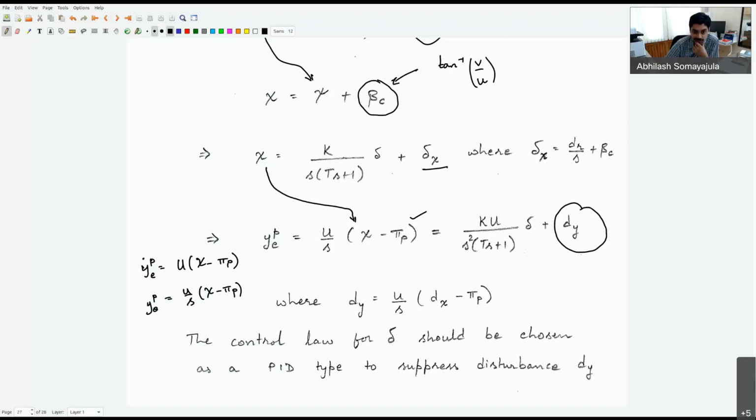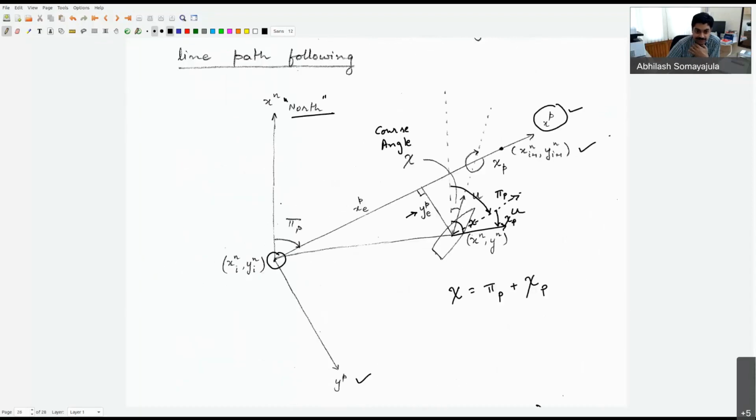Now I need a controller which can drive my ype to 0. If I drive this thing to 0, it means that I am following the path. I am following along the line between the two waypoints, isn't it? If the cross-track error is 0, it simply means that I'm going on the straight line along this path.